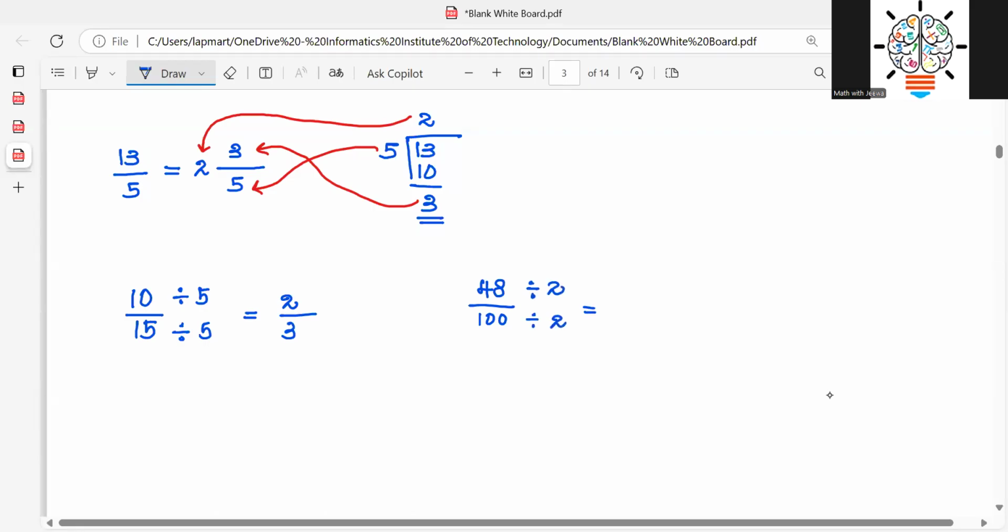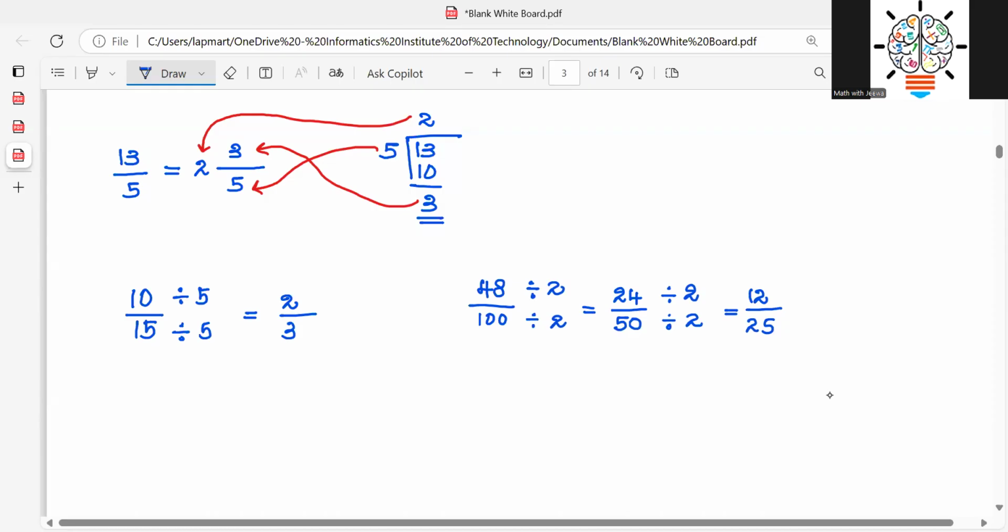So then what will be the answer? 24 over 50. Again, you divide by 2, if it is possible. It gives me 12 over 25. Can I divide this further? No, I can't. Therefore, the simplified version will be 12 over 25.